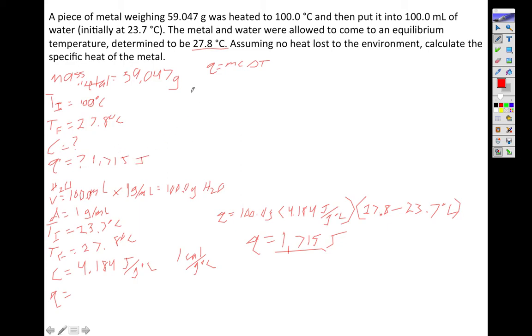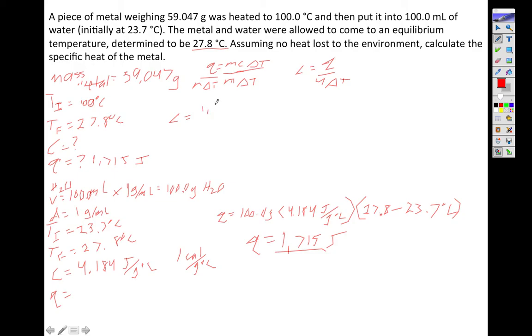Now I can solve this equation for C. To get C by itself, I'm going to divide both sides by m delta T. So I end up with C equals Q divided by m delta T, and then I'm going to put numbers in.